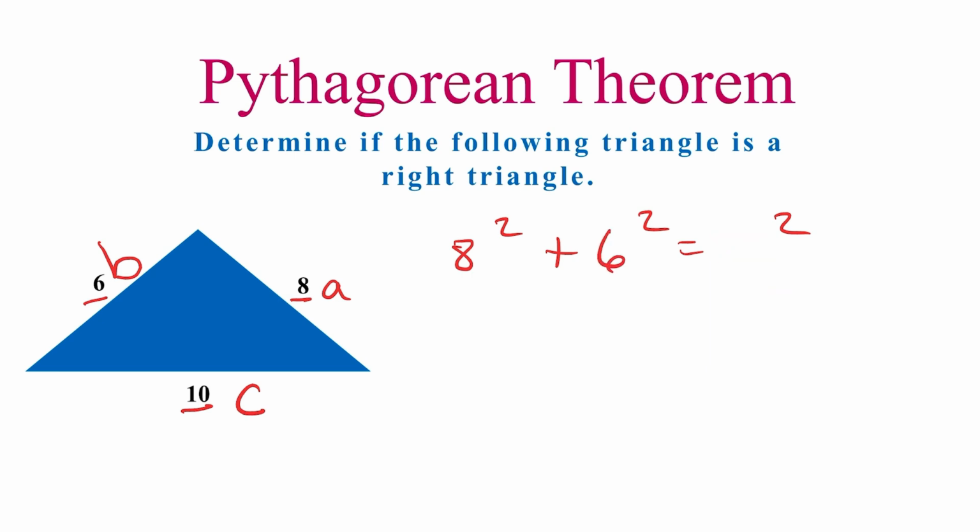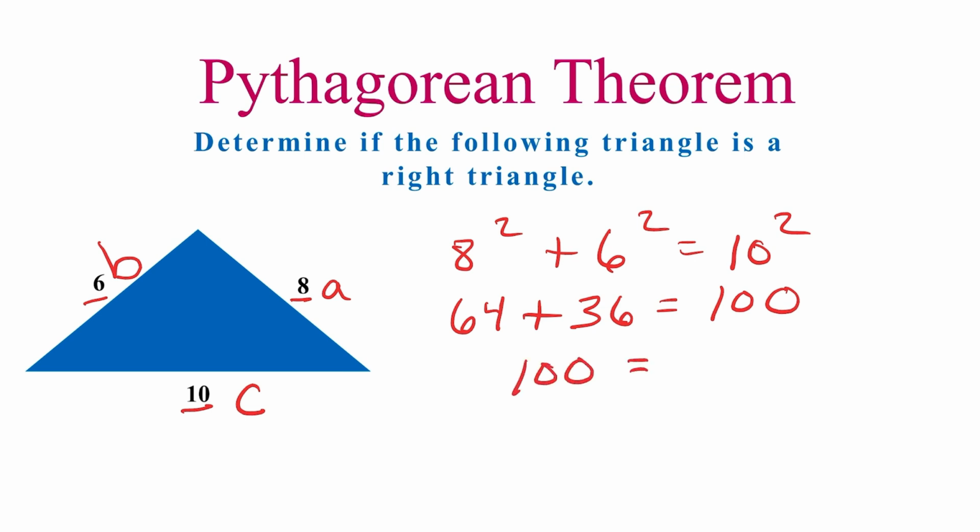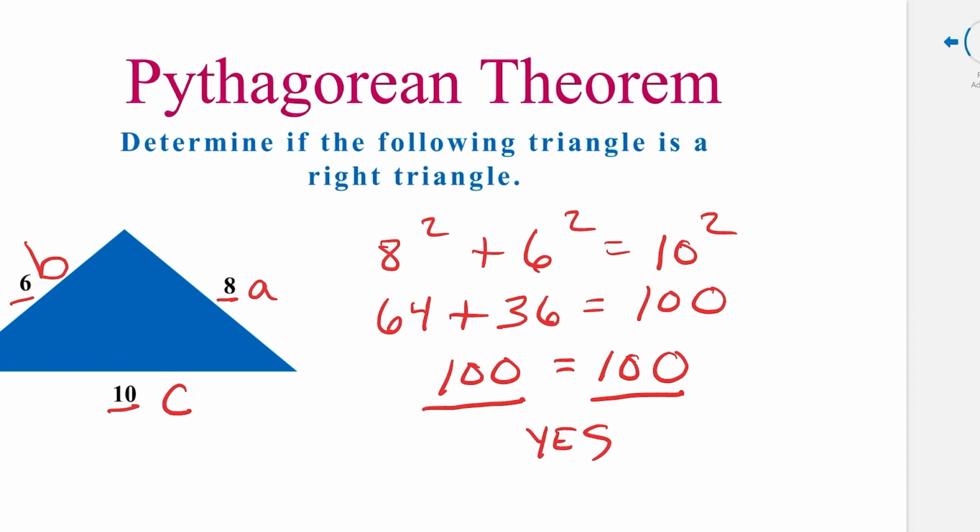C, we're using 10. 8 times 8, 64, plus 6 times 6 is 36, equals 10 times 10 is 100. 64 plus 36 is 100, equals 100. The two areas of the smaller sides are the same as the area of the bigger side. This is yes, it is a right triangle. Okay.